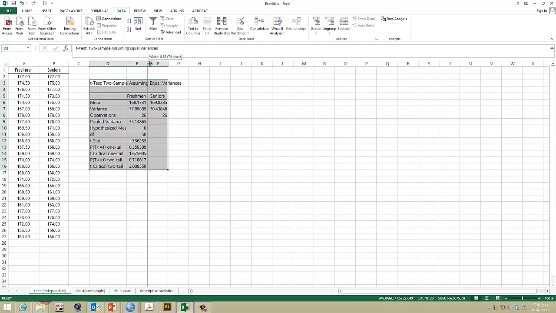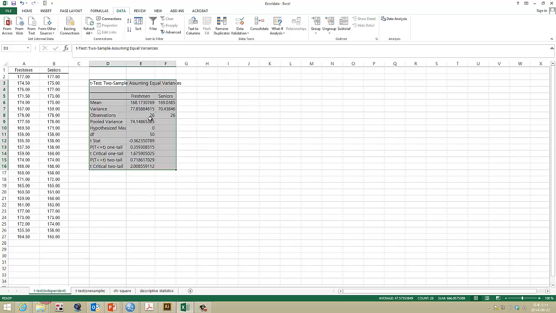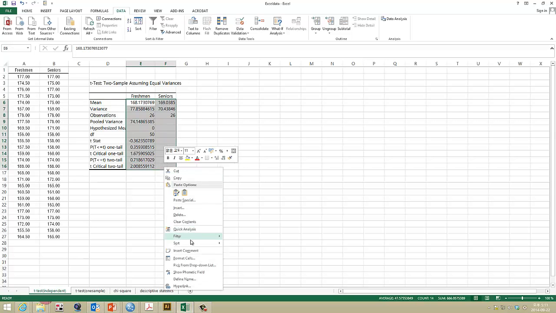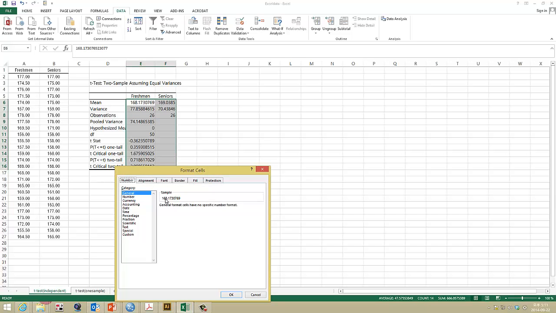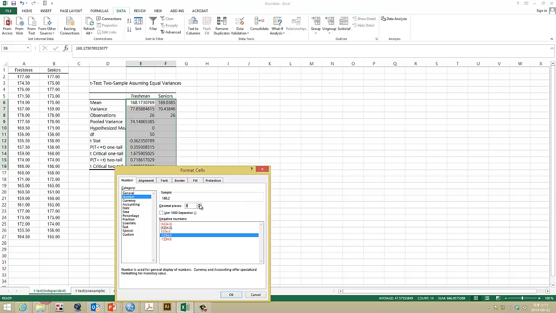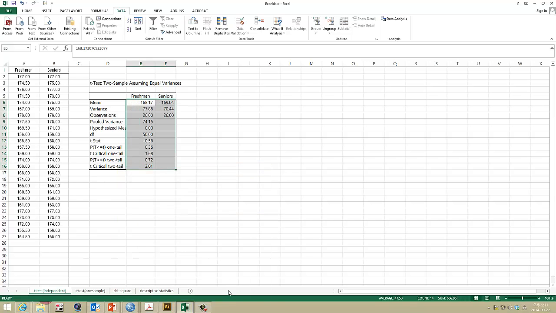So it's very quick and easy. So the mean was calculated. In fact, we don't need such a long decimal point. So for us to see a more compact number, which looks more beautiful, okay? Mean values and sample variances, and then the size of sample 1, size of sample 2.